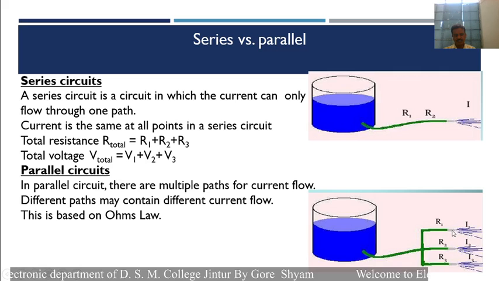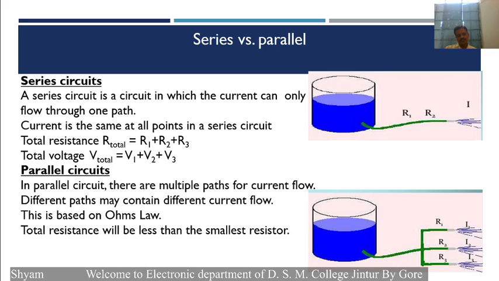In a parallel circuit there are multiple paths available, and different paths may have different flow of current, depending upon the resistance of the branch, and this is based on Ohm's law.